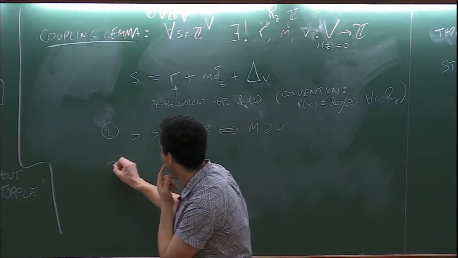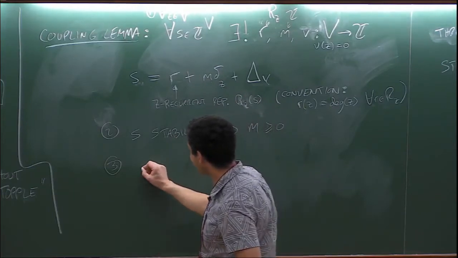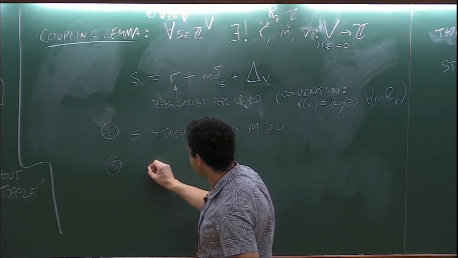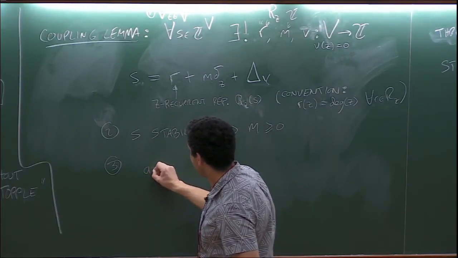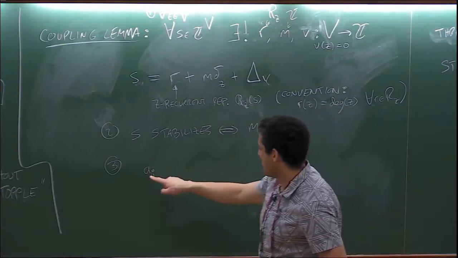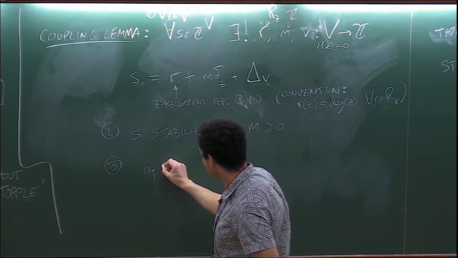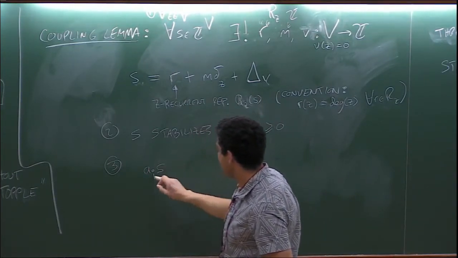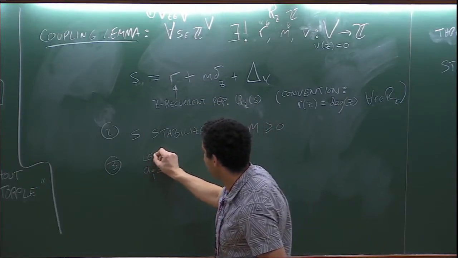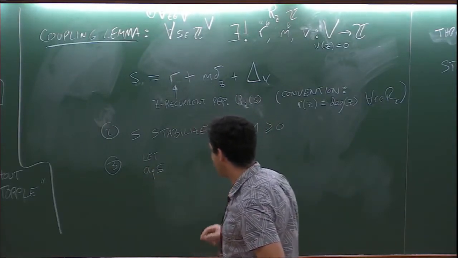And the third piece is the coupling itself. I can consider 2 operations. One operation is adding a chip at some vertex i and stabilizing. That's the operation that drives the chains.